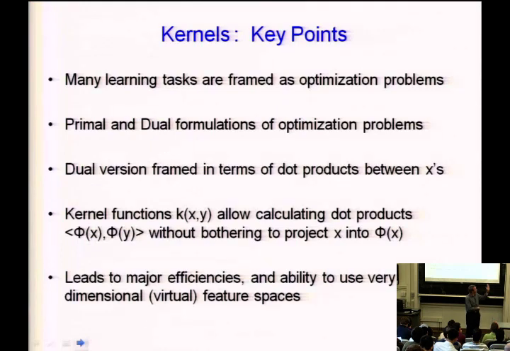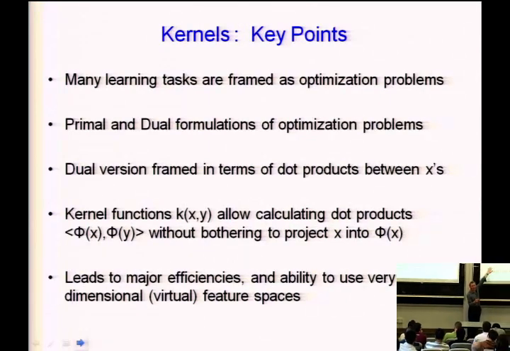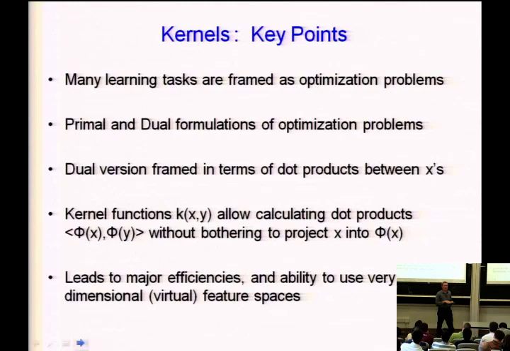If we convert from the primal to the dual formulation, then in many cases we end up with a problem that can be framed in terms of dot product operations. That opens the door to using kernels, so that calculations we might want to do as linear operations in some expanded space can be done much more efficiently in terms of these kernel functions.